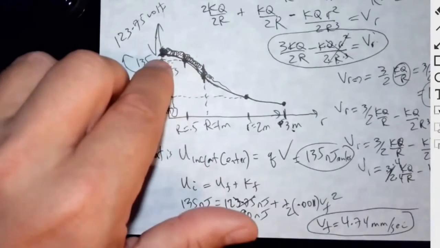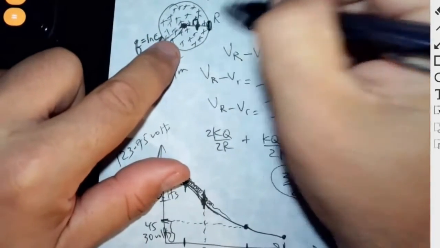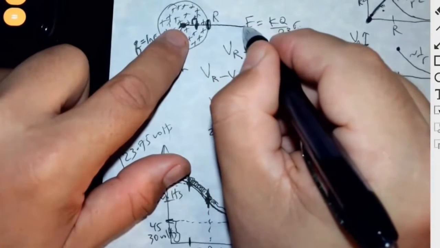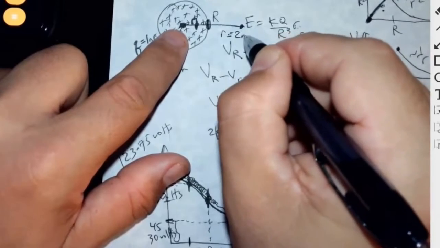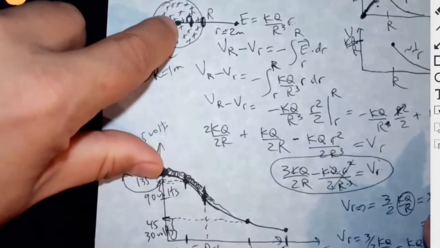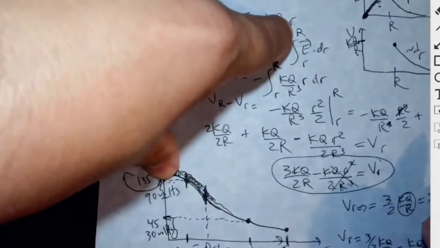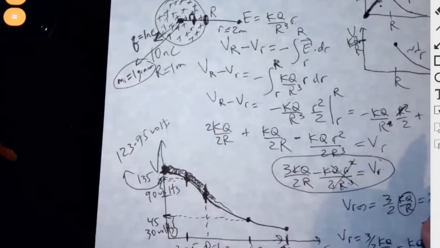We could even do, what if there's an open hole here? What if there's an open hole and this thing gets shot out, blasted off all the way to r equals 2? As long as you displace that positive charge, it will be blasted through like that, pushed out.